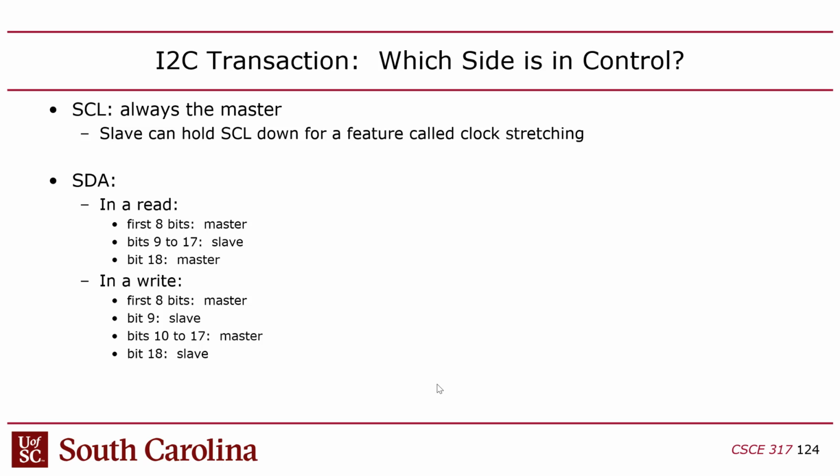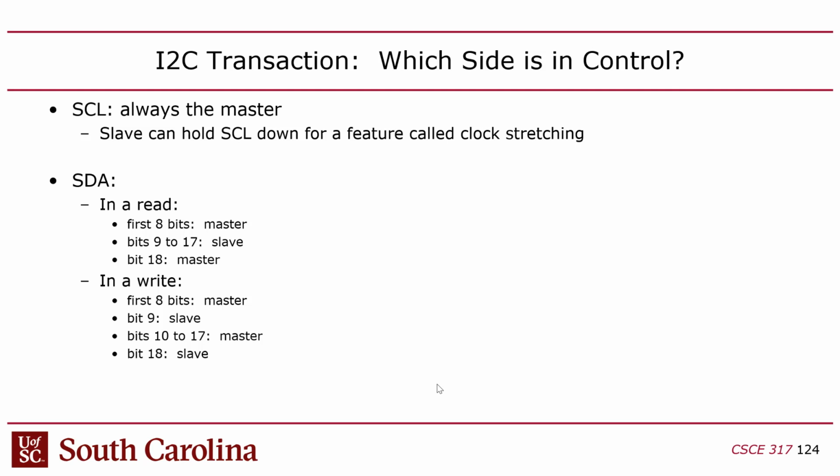The data, for read and write, the first 8 bits are always the master, and then bit 9 is the slave. But if it's a read, the slave would retain control of the data after the acknowledgement of the address. And so from bits 9 to 17, it would be the slave, and then bit 18 would be the master to acknowledge the data coming back from the slave.